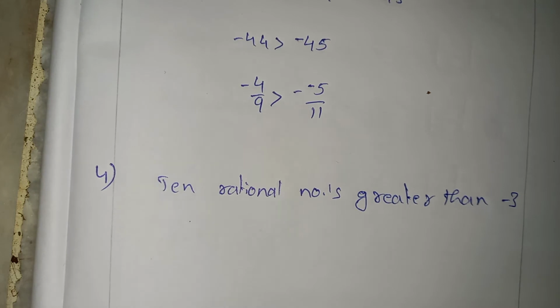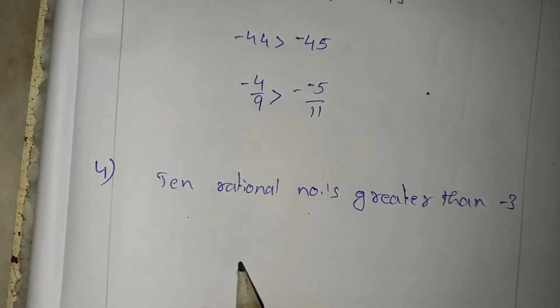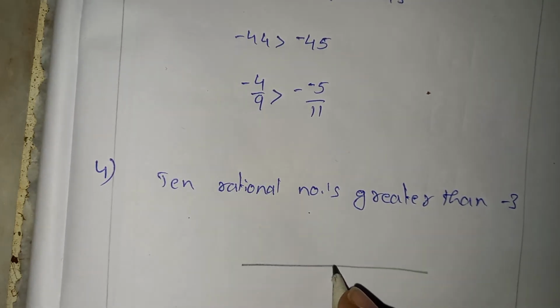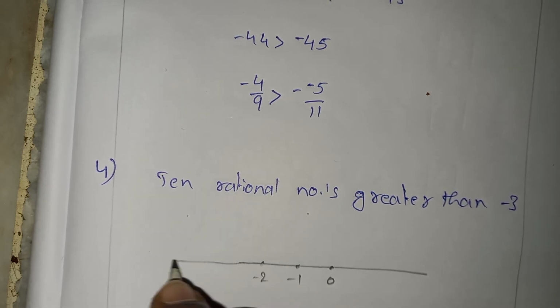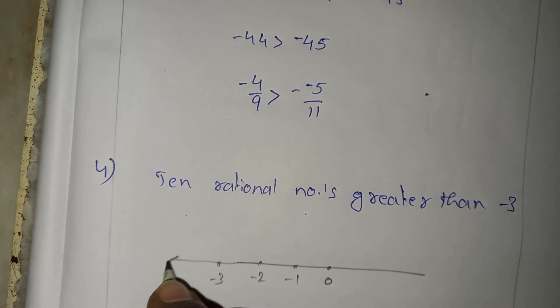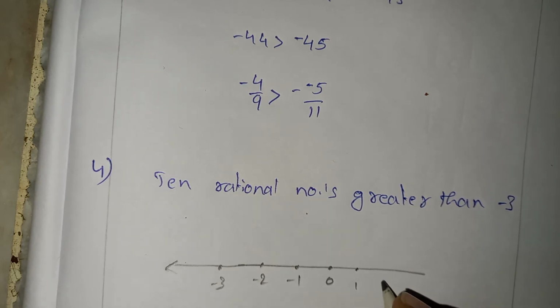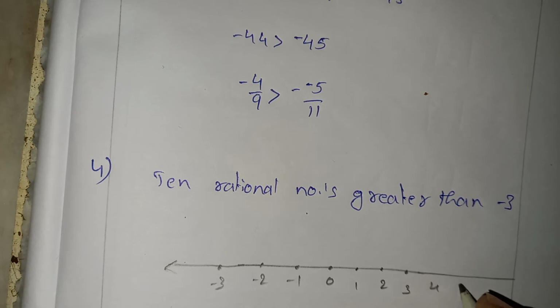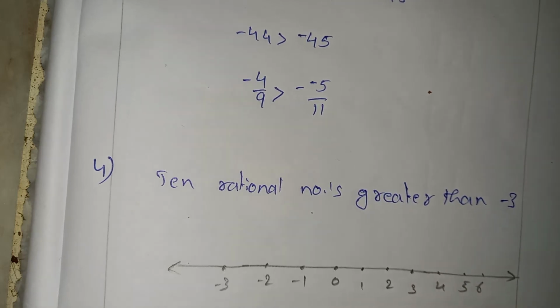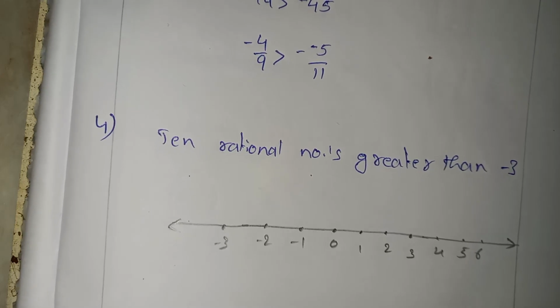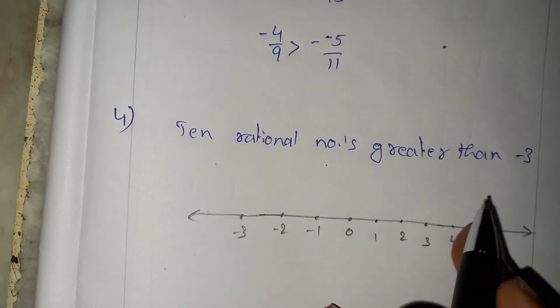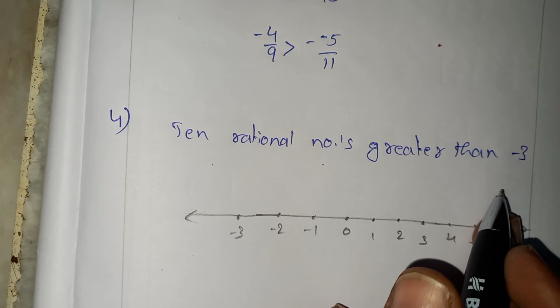So, where is minus 3 located on your number line? Minus 1, minus 2, minus 3. Right? On the right side, we will have positive numbers. Now, they are asking for 10 rational numbers greater than minus 3.